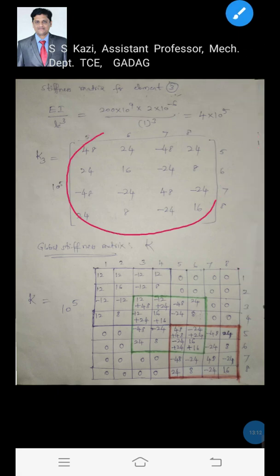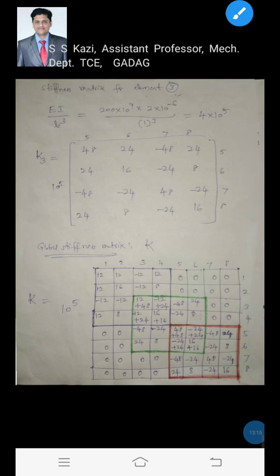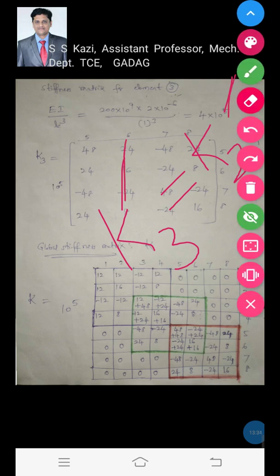These are all the terms which are already multiplied by 4. Since the length of the element is 1 meter, the element 3 stiffness matrix is equal to element 2, because element 2 and element 3 have the same properties. Length of the element is the same, Young's modulus is the same, and moment of inertia is the same. Hence you will get K2 and K3 the same.